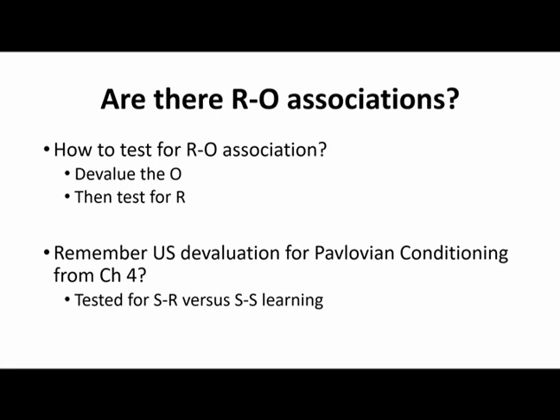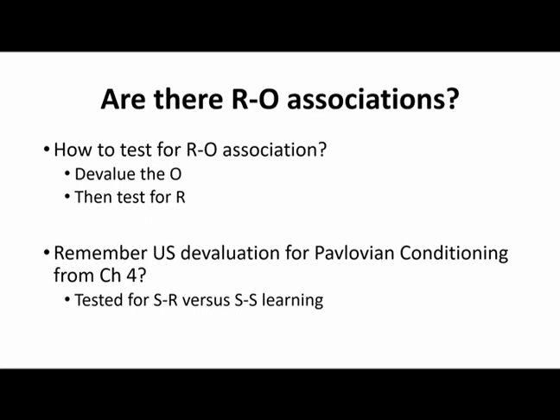So, are there RO associations, and how do we test for these? And the process of testing for an RO association actually uses a procedure that we've already discussed in depth. And this would be back in Chapter 4 when we talked about our US devaluation.